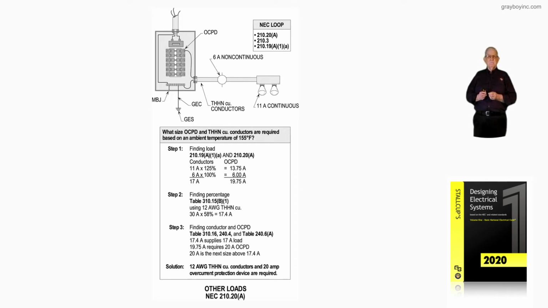125% of 11 equals 13.75. 100% of 6 amps is 6 amps, and we total 19.75. Connected load is 17 amps. Calculated load is 19.75.